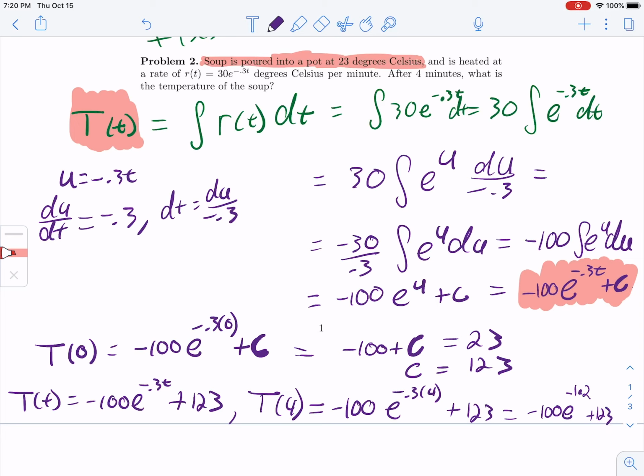And you can pop this into Desmos and get your numerical answer. But there's our temperature of our soup after 4 minutes.